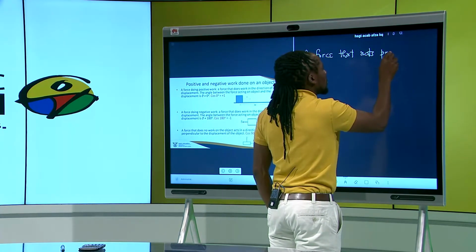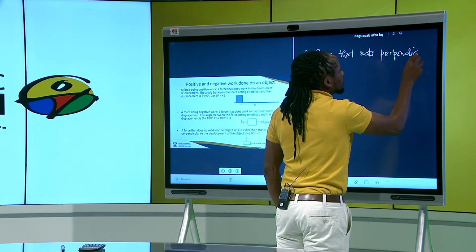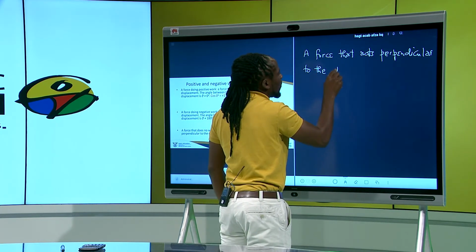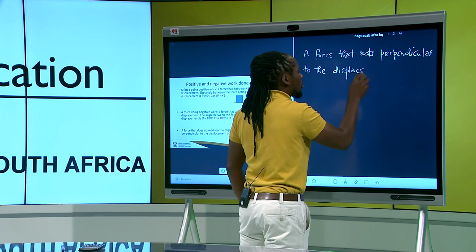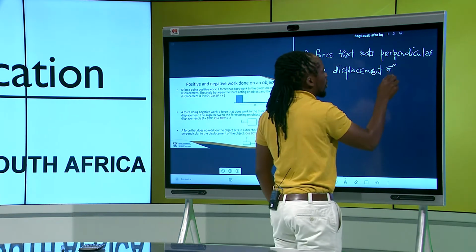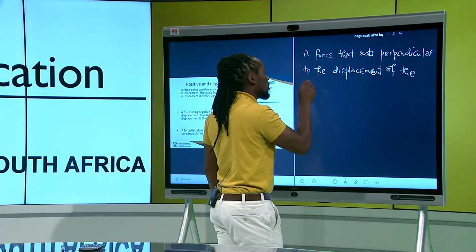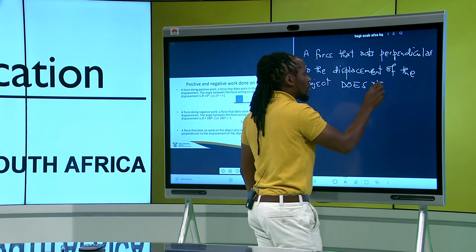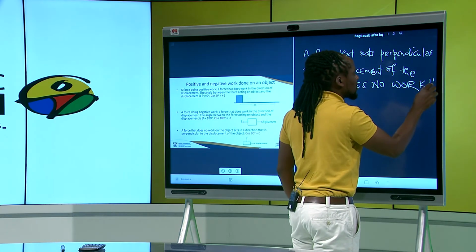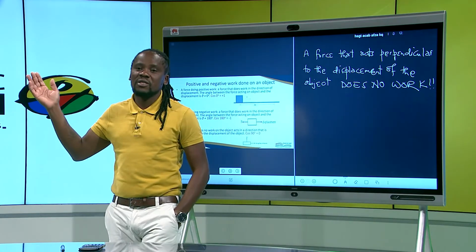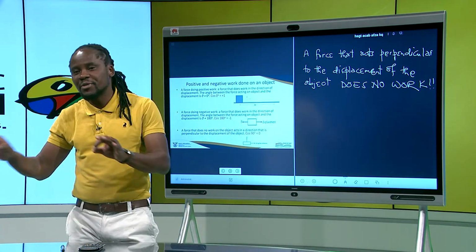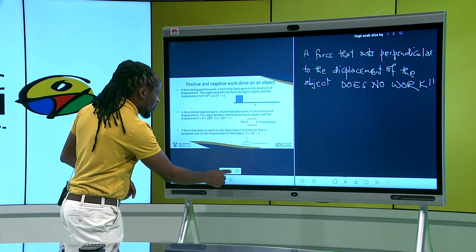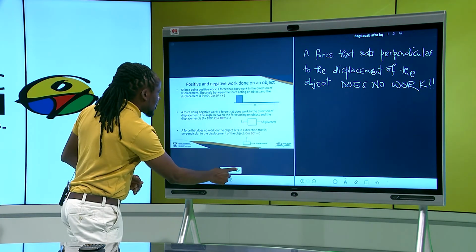A force that acts perpendicular to the displacement of the object does no work. So this should be quite emphasized at this point. A force which acts at 90 degrees to the displacement or the movement of the object does no work on the object. Right. Let's move to the next slide.